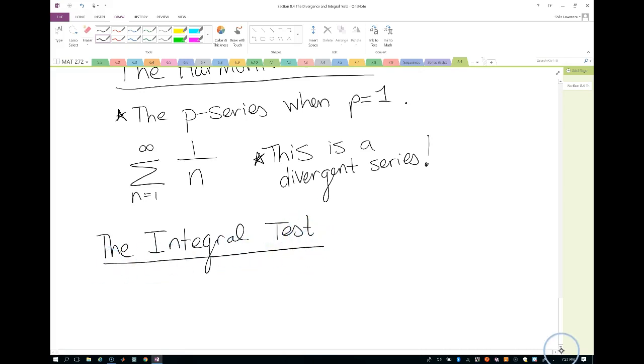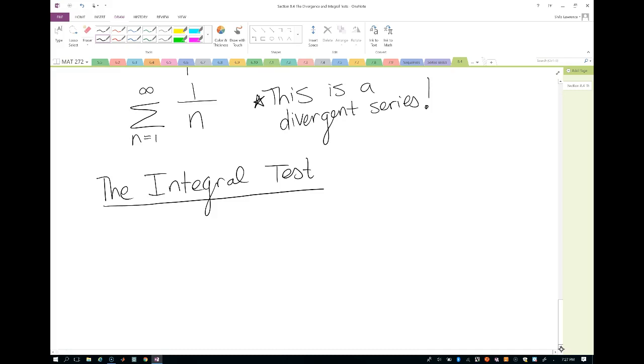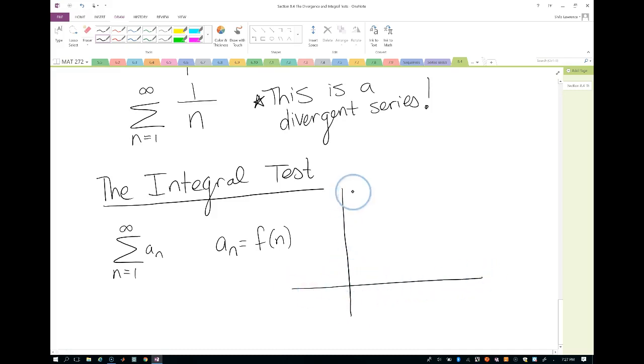So finding the sum of an infinite series is very similar to calculating an improper integral that goes off to infinity. If we want the sum from 1 to infinity of a sub n, and a sub n can be written as a function f of n, we could draw that function, and the only restriction is with sequences and series, we have to only use whole number values of n.